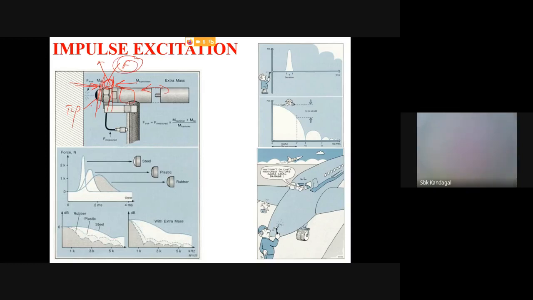Now the question here is, what are the types of tips, and how to select it? See, a steel tip will be able to generate frequencies up to 2 kilohertz. If it is a plastic tip, it can go up to 1 kilohertz. If it is a rubber tip, it can go up to 200 hertz. So in other words, if I want to do the experiment on, let us say, a rotary system of a power plant, I can use this steel tip.